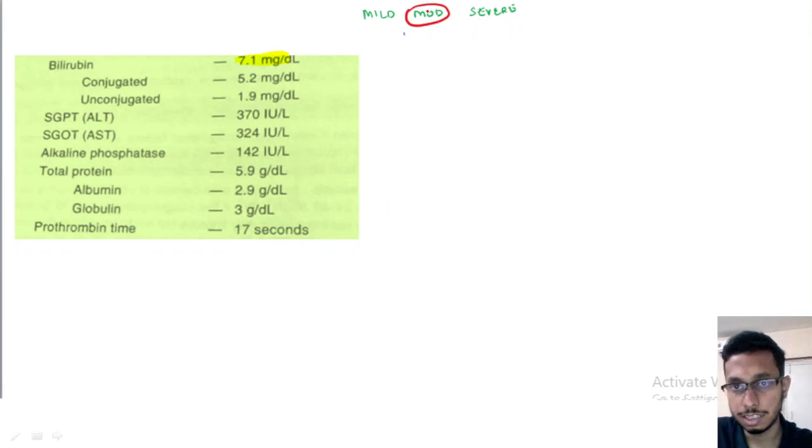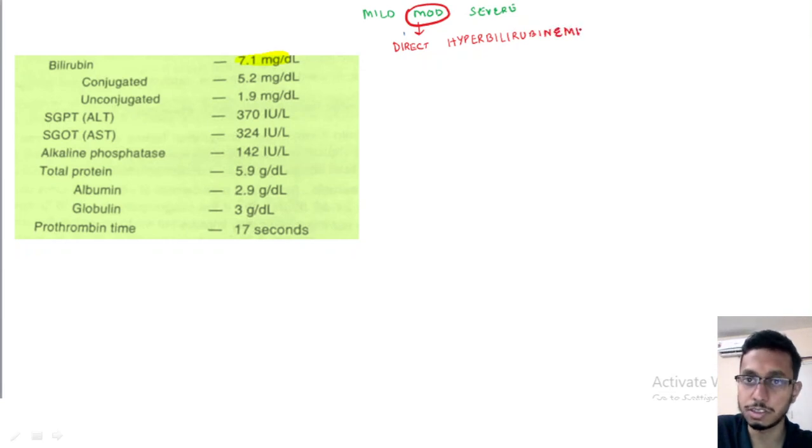Now, when there is moderate hyperbilirubinemia, look into the conjugated and unconjugated fractions. Conjugated is more than unconjugated, so again it is direct hyperbilirubinemia. Now, what is the next step when you find direct hyperbilirubinemia? The next step is to look at whether it is due to cholestasis or hepatocellular injury.